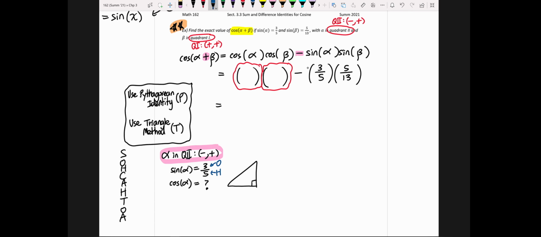So if sine of alpha is 3/5, then in our right triangle in relation to our reference angle, we call it alpha prime, the ratio of opposite to hypotenuse is 3:5. So in the triangle method, we solve for the remaining side. We can do that using the Pythagorean theorem.